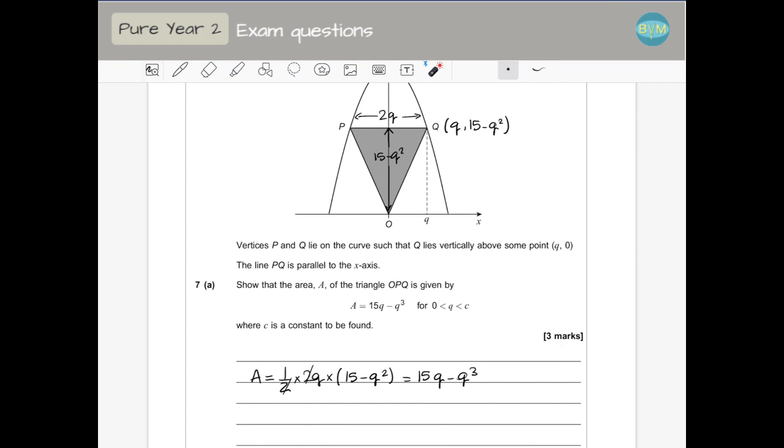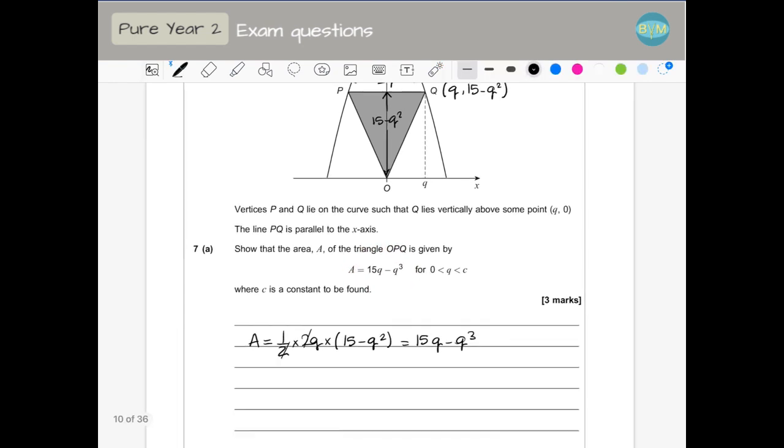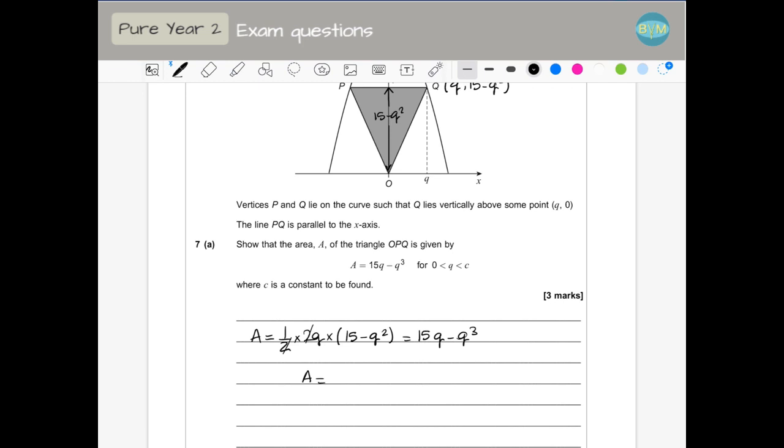I think you have two ways of reasoning this. The area must be positive, and you can write the area as Q times 15 minus Q squared. This must be positive. Therefore, Q is positive because we know it's greater than 0.